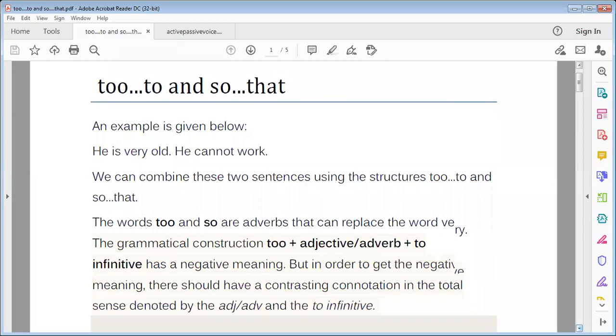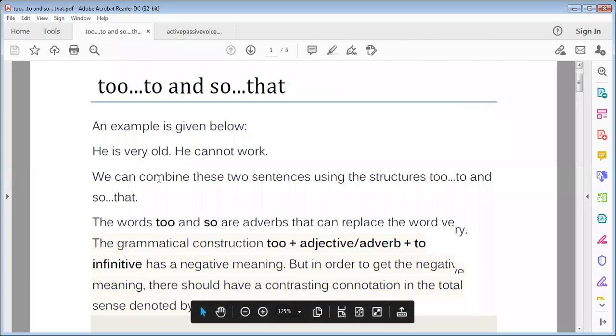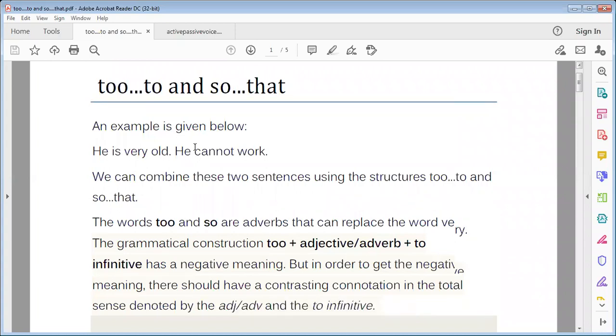Or the third possibility here could be that they will give you two separate sentences and you have to join the sentences either using to or so that. Clear? Three possibilities for the question: either the conversion or joining the two sentences.